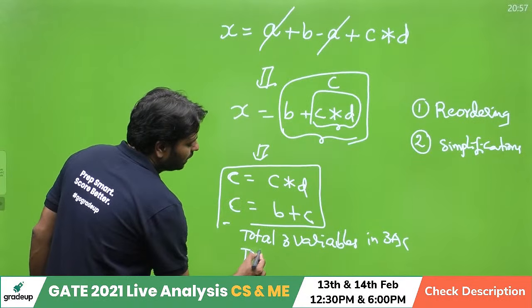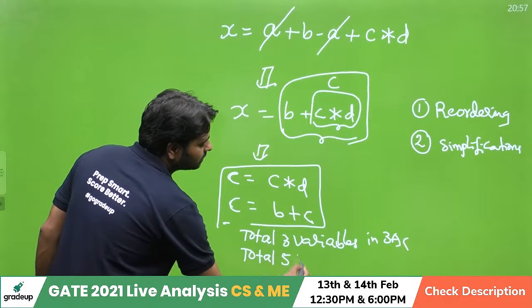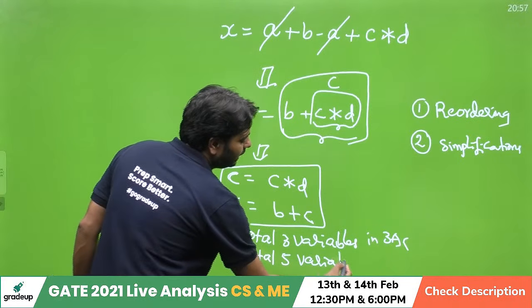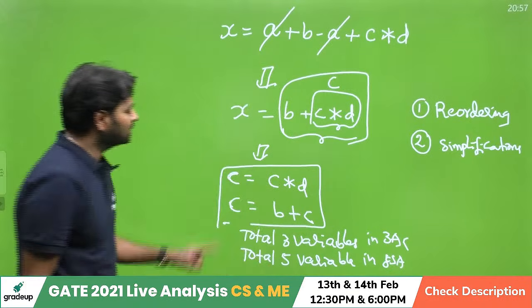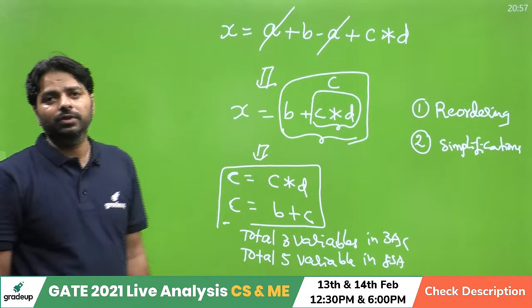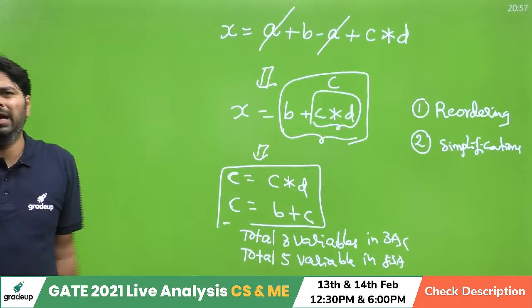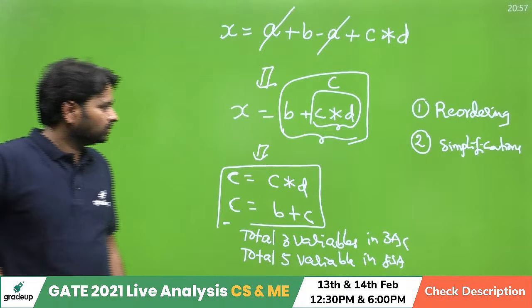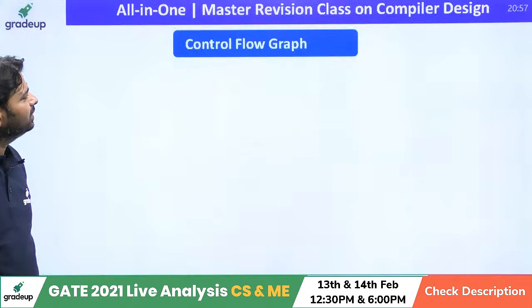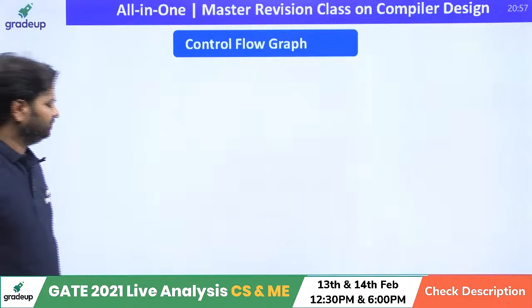So in total you require 5 variables in SSA code. Without writing SSA code, you can say this is going to be C1, this is going to be C2. Yes, plus 2, that is the shortcut we have. Clear? Yes. So let's move to the control flow graph.